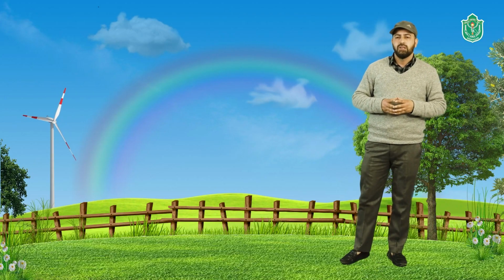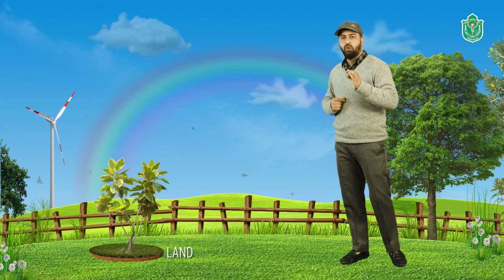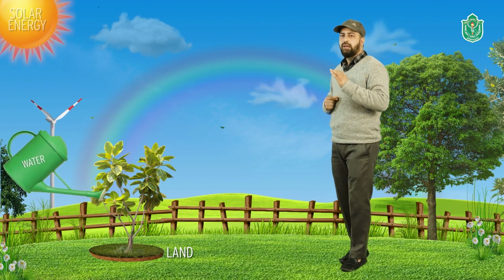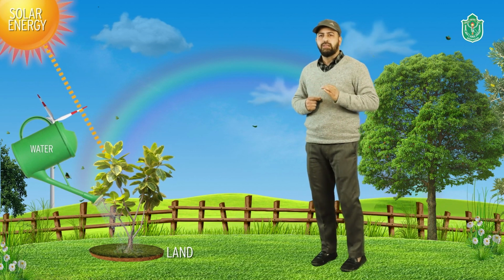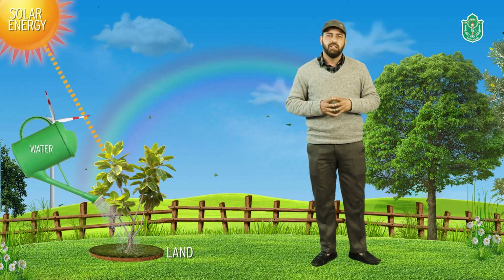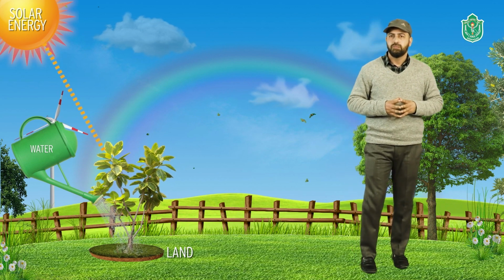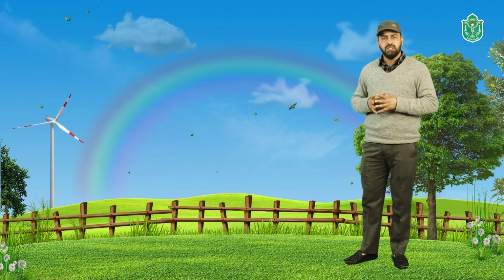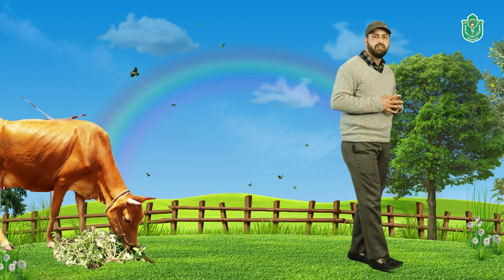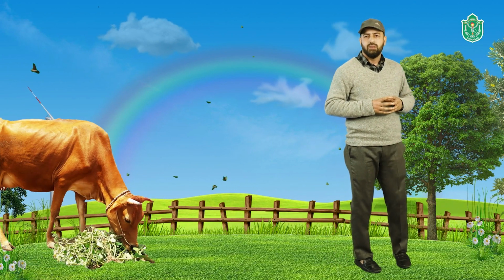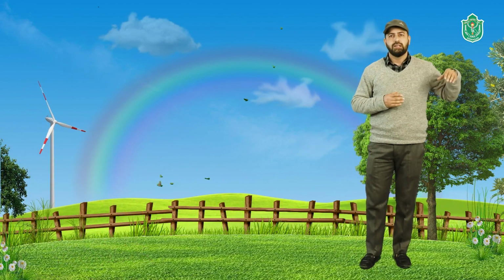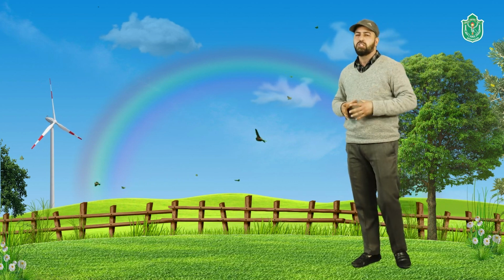All plants need land, water, air and energy from the physical environment to make their food. At the same time, all the animals depend on plants for their survival. So there becomes a continuous food chain.